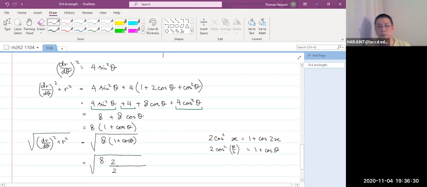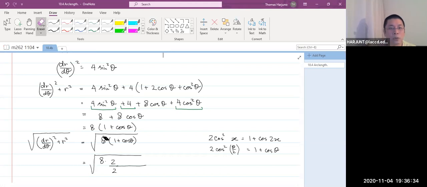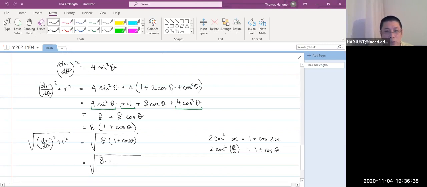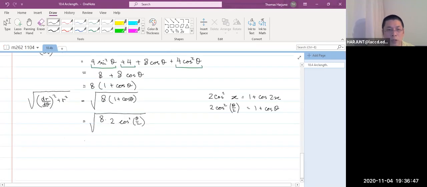I just need to write this as 2 times cosine squared of theta over 2. This will be 4 times absolute value of cosine theta over 2.